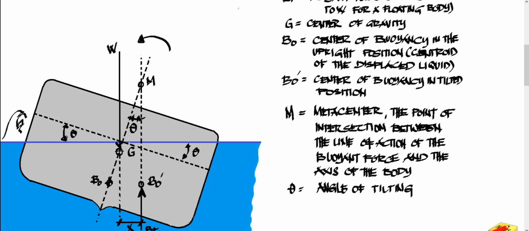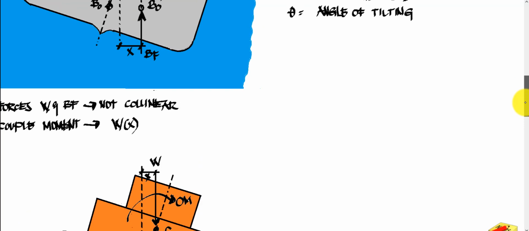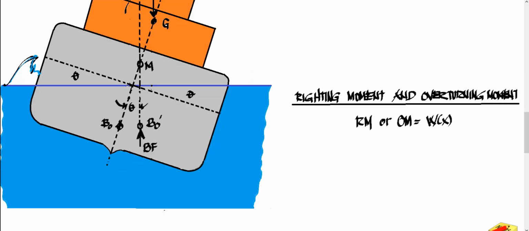So let's say this is our overturning moment. So this will be RM, and also the overturning moment here, which is your OM. Okay, so our RM or OM will be the righting moment or overturning moment.